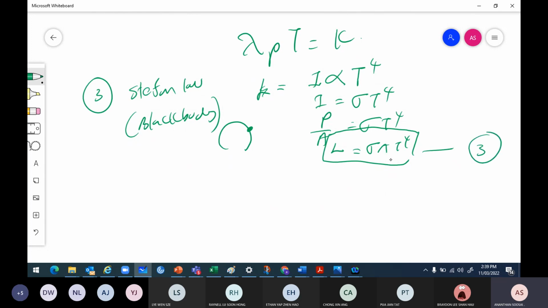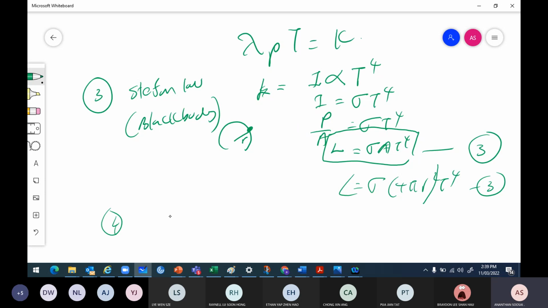This helps us, where A is the area of the star, so sigma 4 pi r squared T to the power of 4. Okay, the third equation.